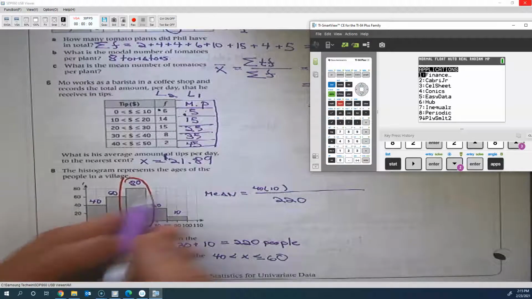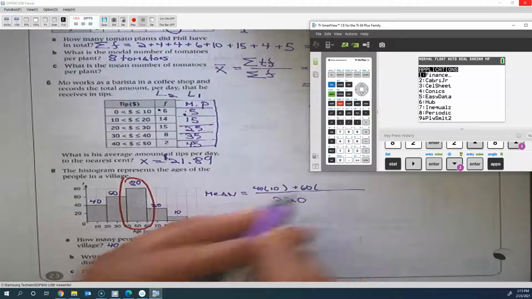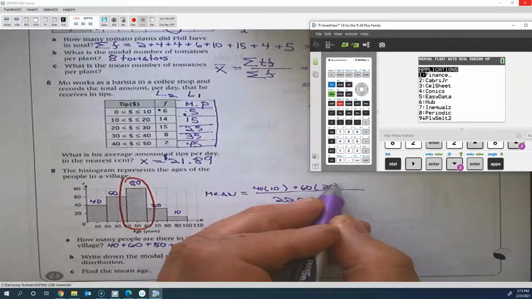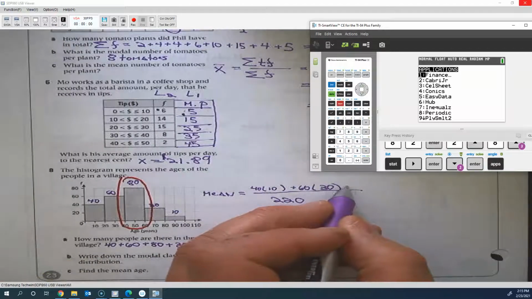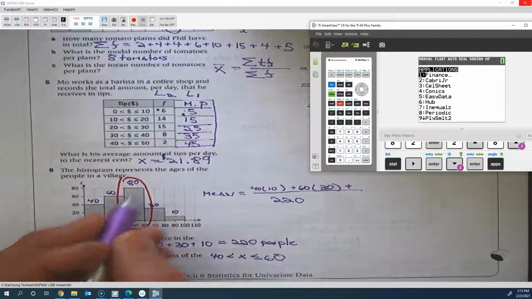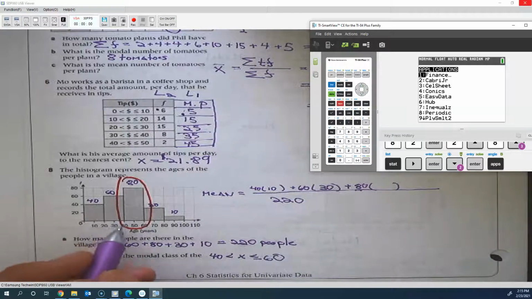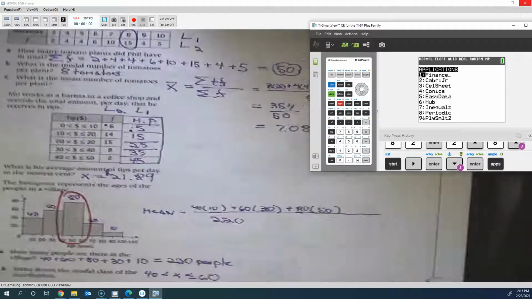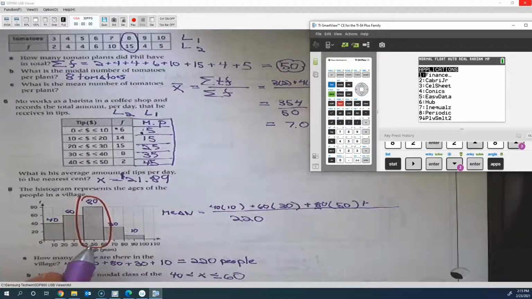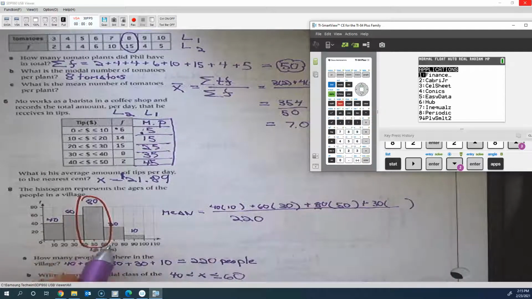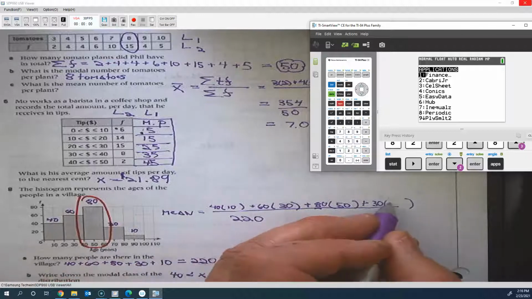The next class, which is 60 people, has an age of, let's see, 20 to 40, so its midpoint is 30, and so on. Okay, so 80. And this is 40 to 60, so half of that's 50, plus 30. Okay, 60 plus 80, half of that's 70.